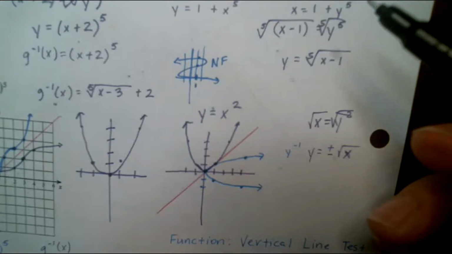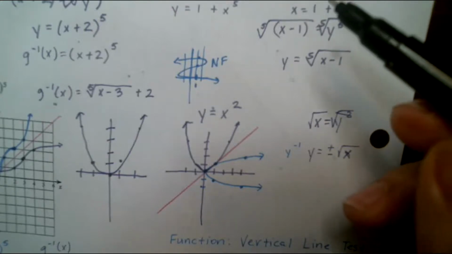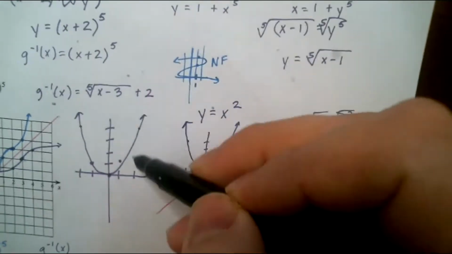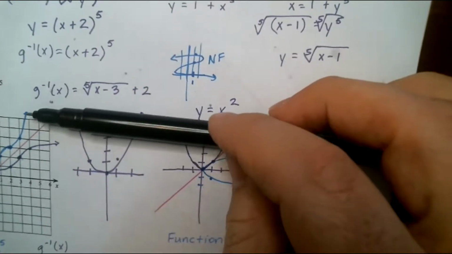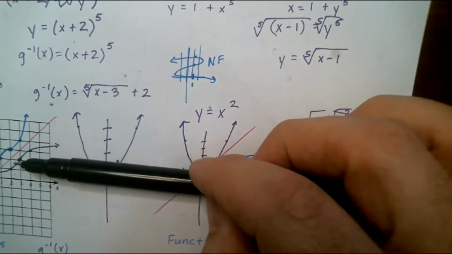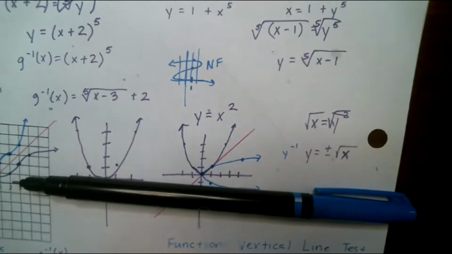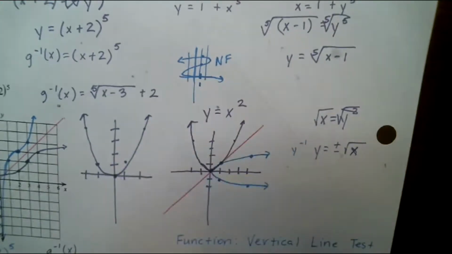The horizontal line test. Okay? So the vertical line test tells me if the function is a function. But with a horizontal line test, drop that pencil down, and that will tell you if the inverse of this function is a function or not. Are y'all following me a little bit on that?